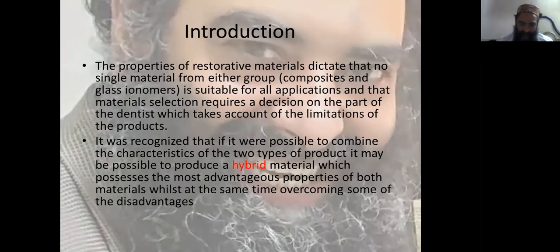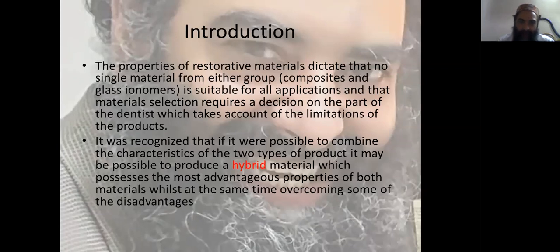As we studied in glass ionomer cements, we have combined two materials, the glass ionomer with amalgam, and a new product is produced for better properties and for use where the original glass ionomer material did not work efficiently.